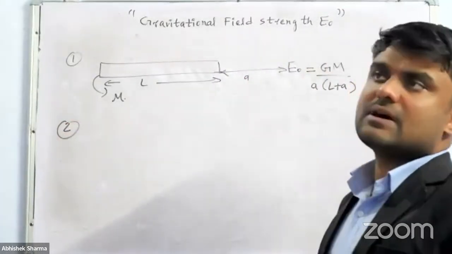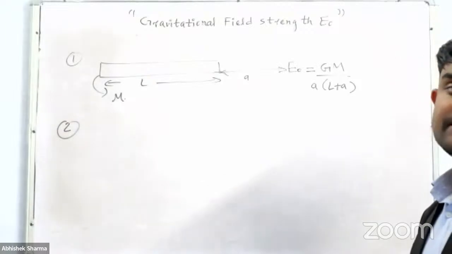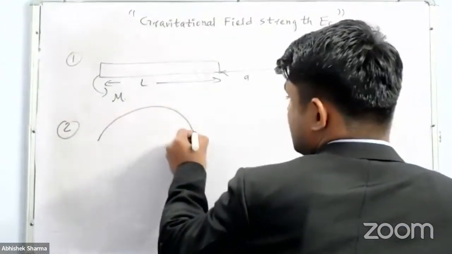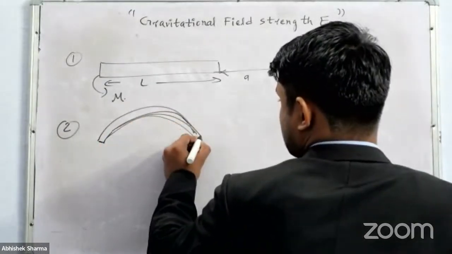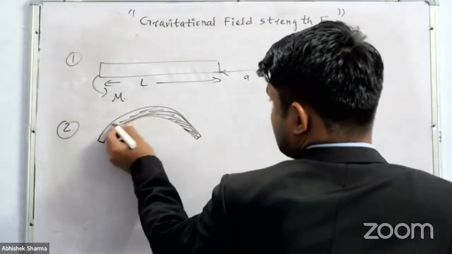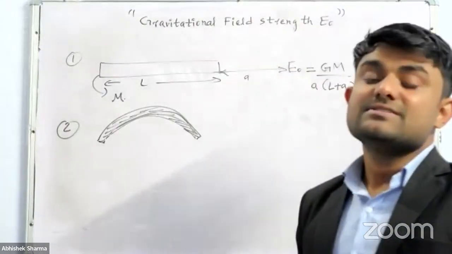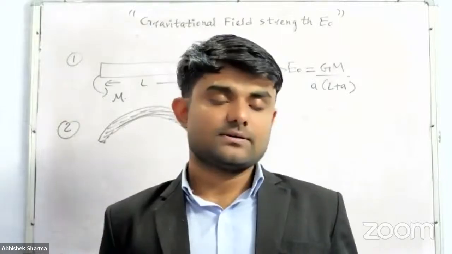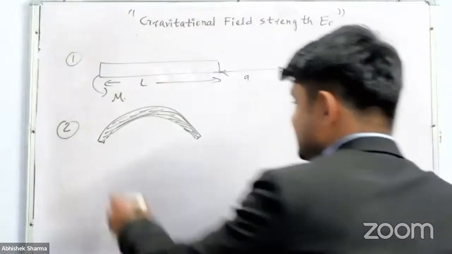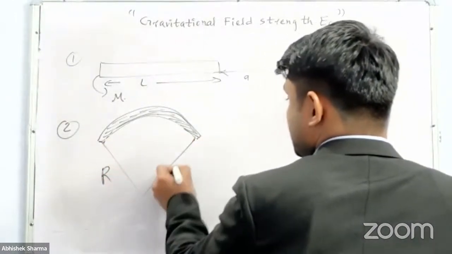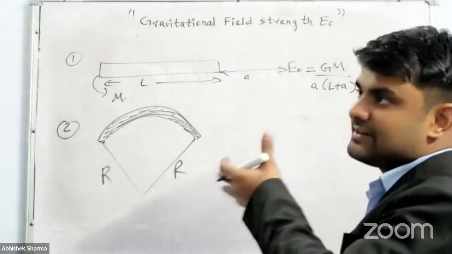Second, suppose you're having an arc. An arc is having the mass capital M. Arc is a particular part of a circle. We know this thing. So suppose that circle is having the radius capital R, and this arc is subtending an angle phi at the center of the circle it is a part of.